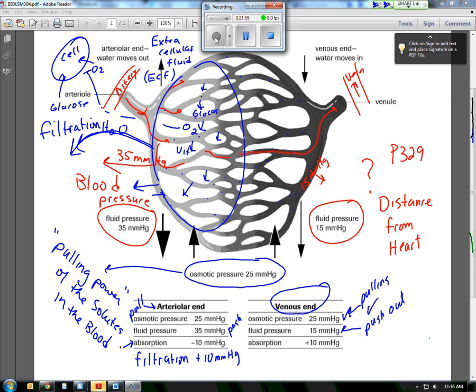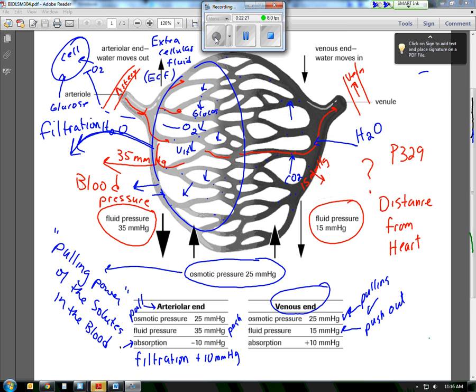And so here, things are going to start returning into the blood. So what's going to return into the blood here? Well, we better get a lot of our water back that we allowed to leave here. So water is going to return in. Hey, how about some carbon dioxide? Shall we get some carbon dioxide in there? Well, why not?